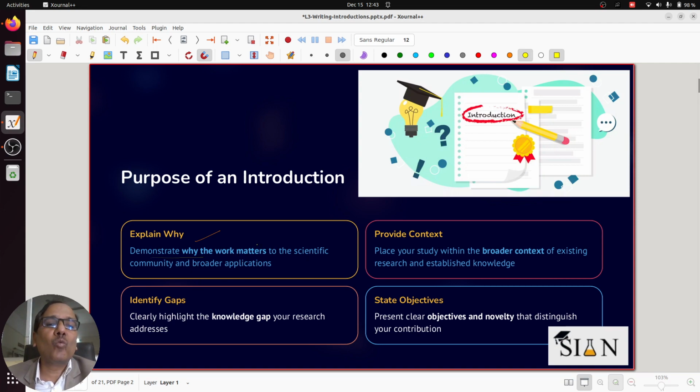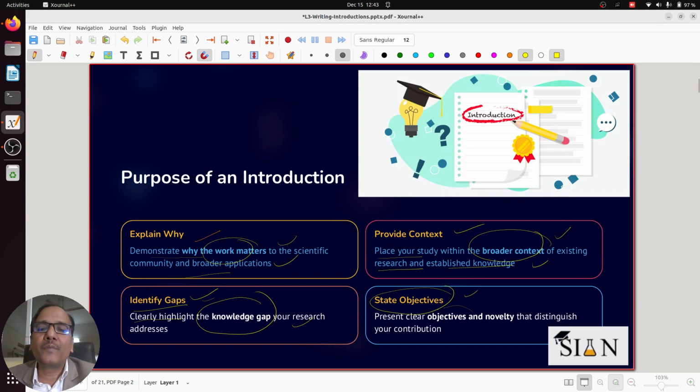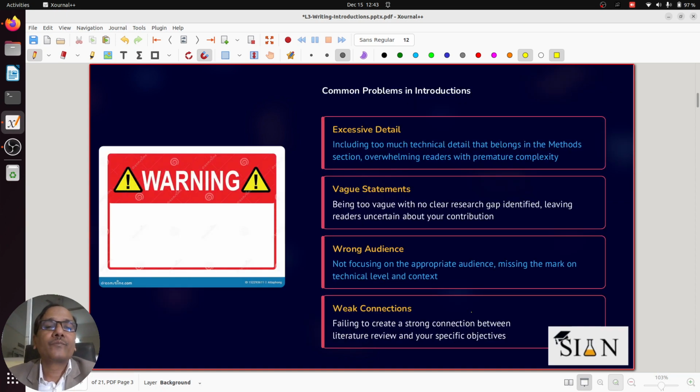This demonstrates why the work matters to the scientific community and broader applications. It also provides context: it places your study within the broader context of existing research and established knowledge. Then it identifies the gaps: it clearly highlights the knowledge gap your research addresses. And it states the objectives: it presents clear objectives and novelty that distinguish your contribution from other published articles.